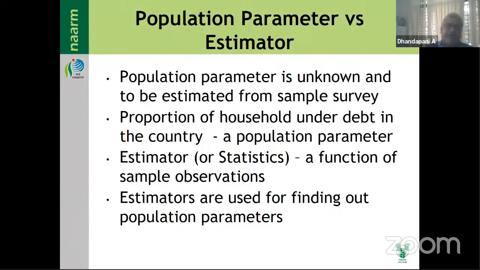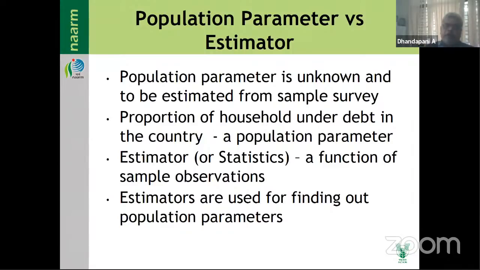What is the average income of certain agricultural households? So that is our population parameter. Or I have given this, the proportion of households under debt in the country. This is also a population parameter. So when using the survey or the sample, we want to estimate this.